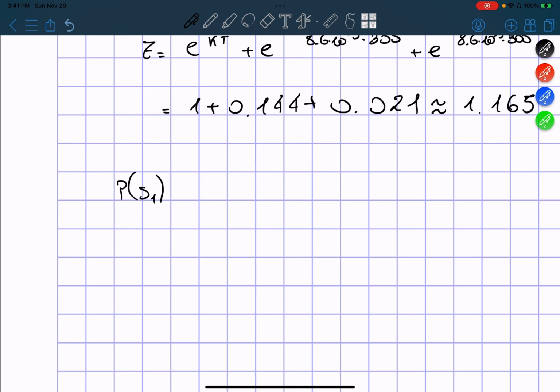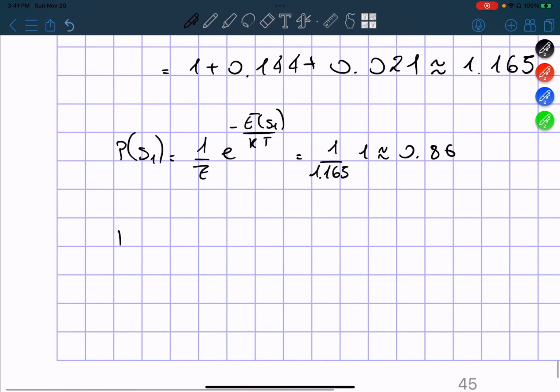The probability for S1 will then be equal to what? Well, we have 1 over Z times e to the power of negative E of S1 over kT. Now, we know that our Z is equal to 1.165, and for the first one we have 1, so this is equal to 0.86.